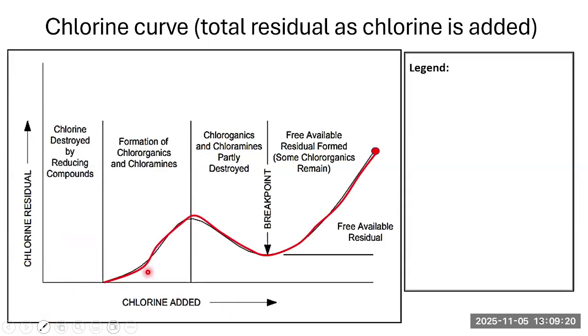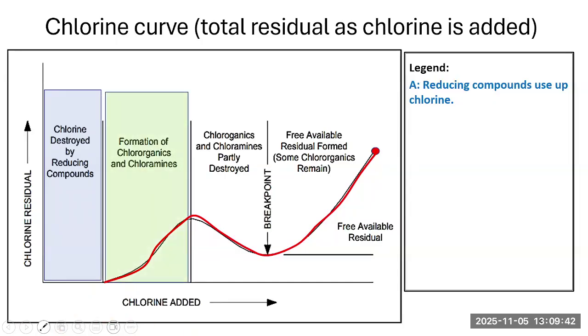You'll notice the curve starts up, goes down, and then continues up. And so in this blue area, we're adding chlorine, but we're not seeing any increase in chlorine residual. And that's because there's these reducing compounds that are taking up all the chlorine that we're adding. So we're adding chlorine, but we're having no effect in our chlorine residual.